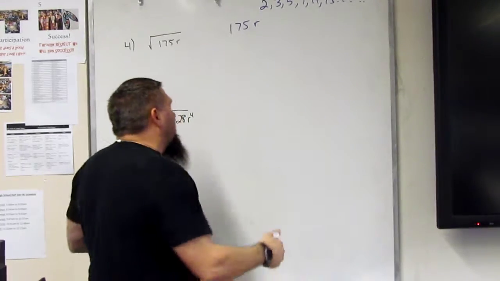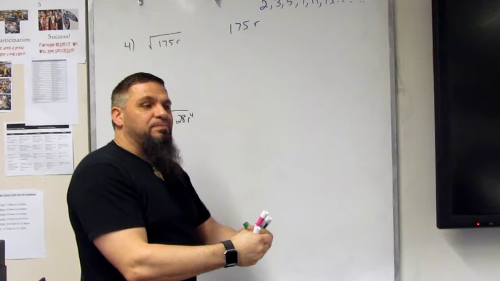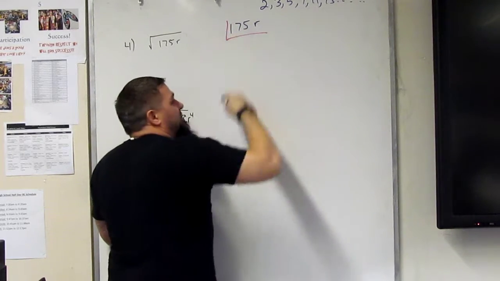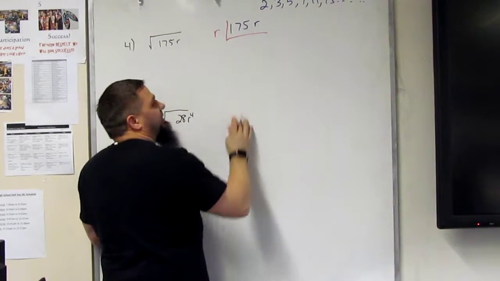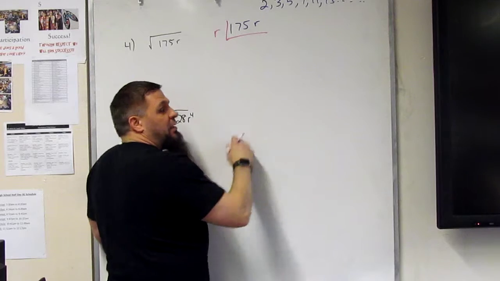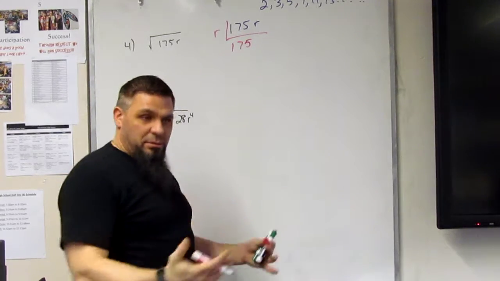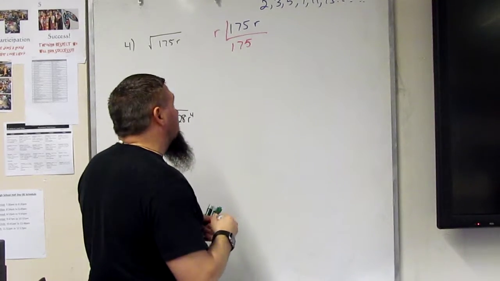I'm going to break these things down using those primes. The first thing is pulling out the letter. Get rid of the letter first. Then I've got just a number.